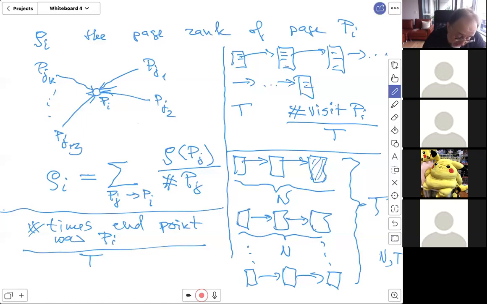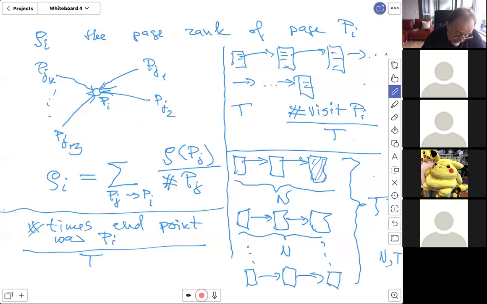Of course, for these two heuristics to make sense, clearly these ratios should be independent of the particular choice of links.